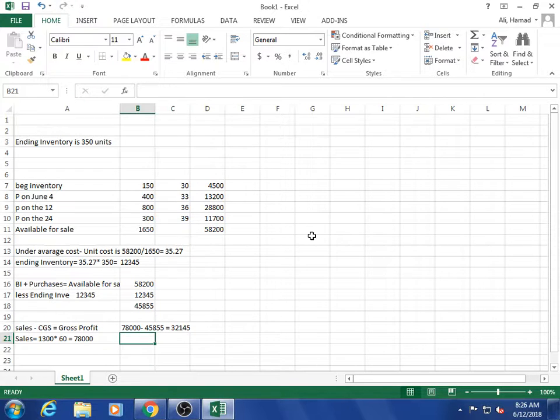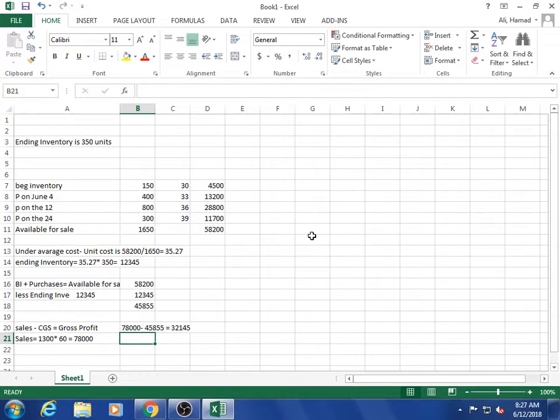Under the average method, ending inventory is 350 units, and 350 units times, once we divide the total available for sale by 1650, we get a cost per unit, which is 35.27, multiplied by 350. That gives us ending inventory using the average.